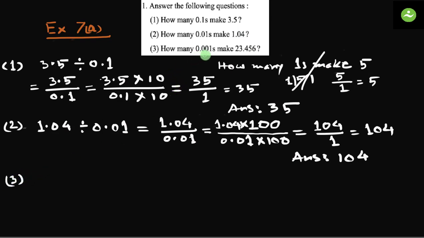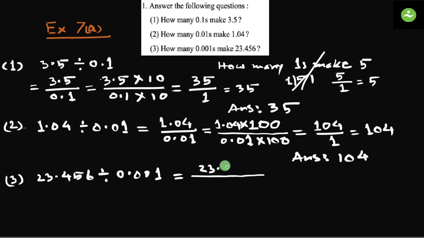Number 3. How many 0.001s make 23.456? We divide 23.456 by 0.001, which equals 23.456 over 0.001, with the dividend as the numerator and the divisor as the denominator.